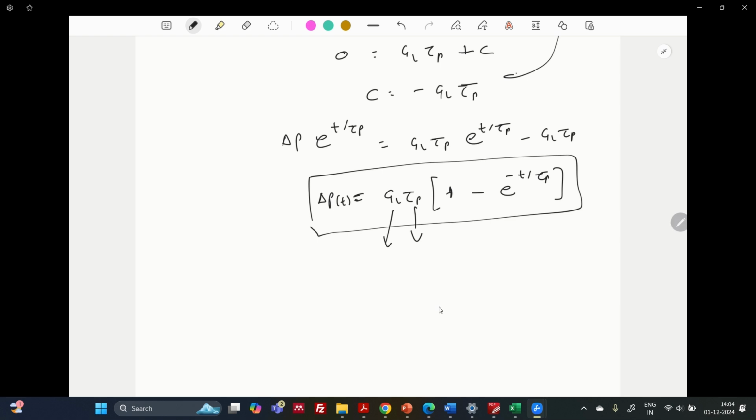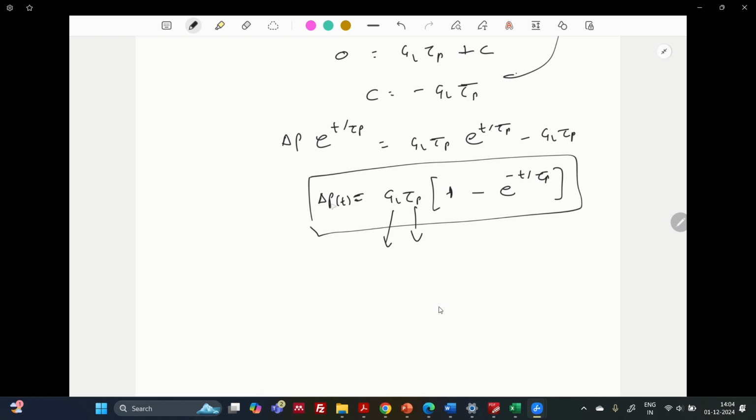What will happen over time? Over time, this delta p is varying exponentially with time, right? As the time increases, this factor is going to reduce. So the quantity that is being subtracted from 1 will keep reducing. And at t equal to infinity, what will happen? This is going to become 0, and delta p will be equal to GL times tau p.